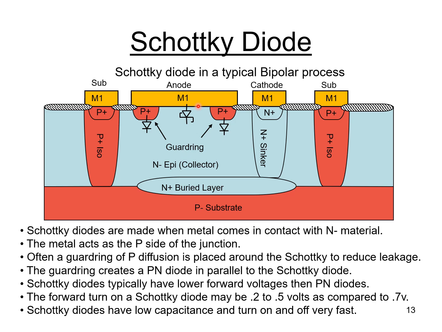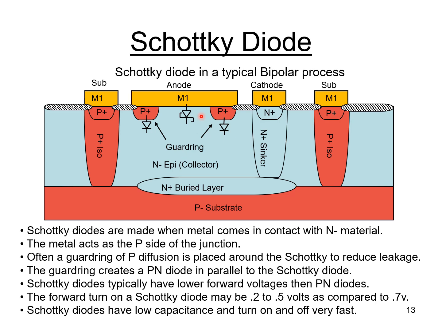That actually forms a Schottky diode, and you can see I've placed the Schottky diode symbol on that junction right there where the metal contacts the N- epi. Now the metal in this case is actually acting as the P side of the junction.